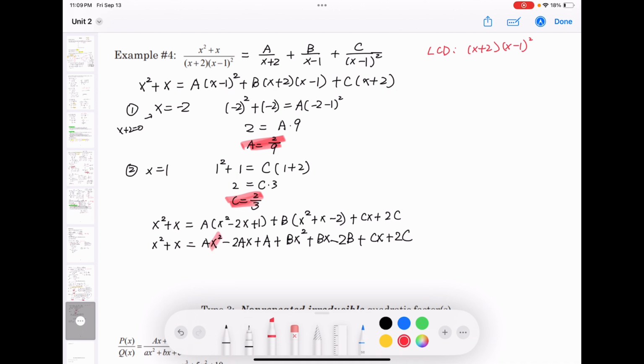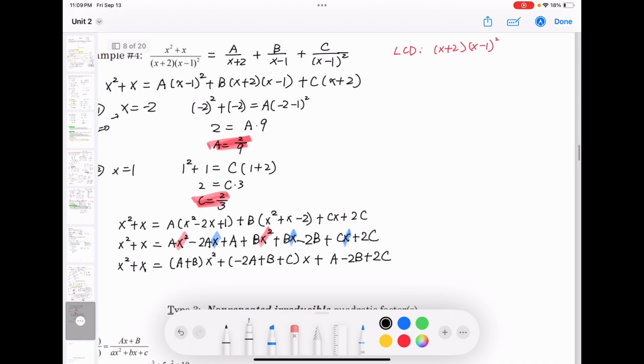Combine the x squared terms together, then the x terms together, and then the constant numbers. So x squared plus x is equal to (a plus b) x squared plus (negative 2a plus b plus c) x plus (a minus 2b plus 2c).